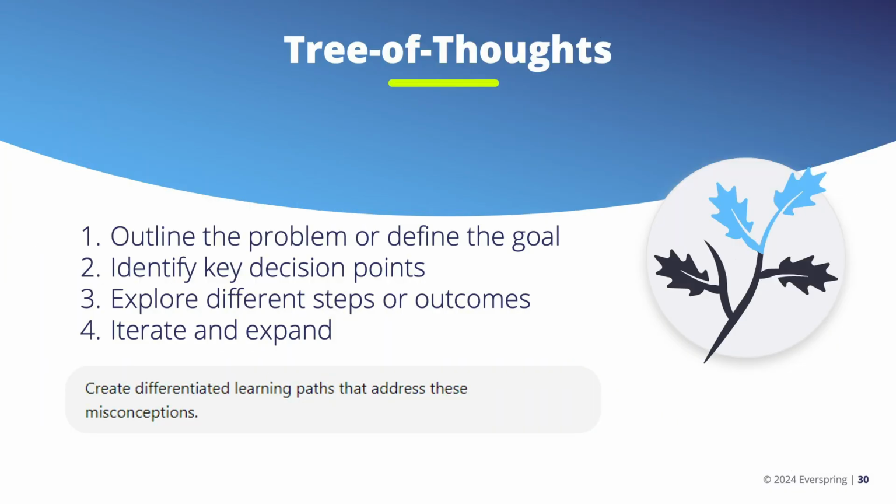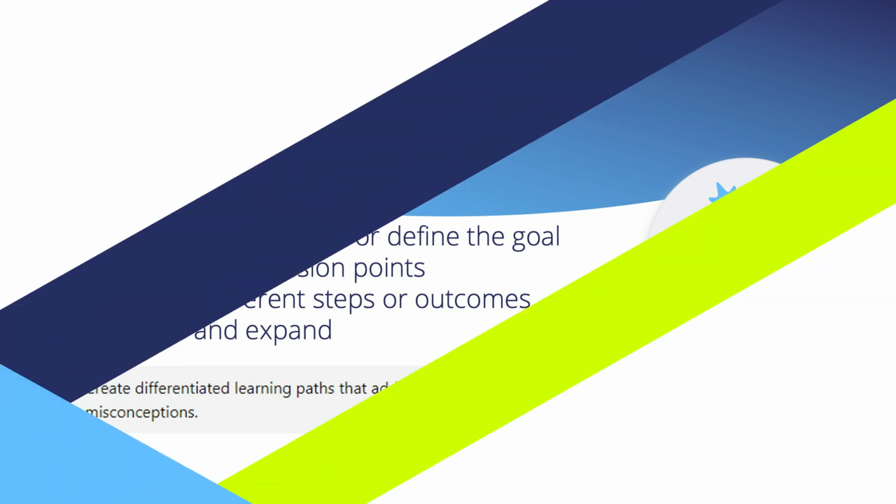For each new decision point, or misconception in our case, we will repeat the process by further exploring subsequent decision points and their outcomes. This iterative exploration allows for deeper analysis and the consideration of complex, multi-step solutions. For instance, we could instruct AI to design differentiated learning paths that address these misconceptions.